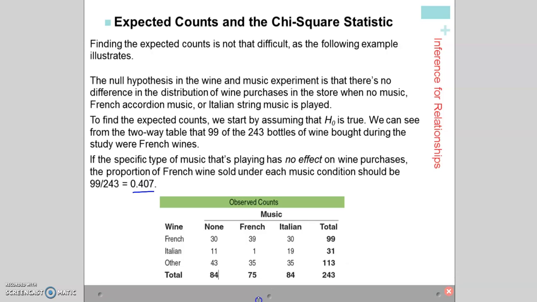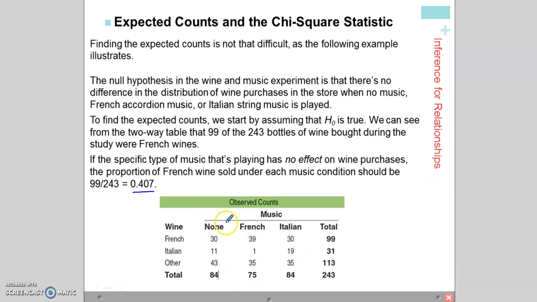So what I do then is say, okay, when there was no music, I sold this much wine. My expected count would be that percent of this total, the percent of French wine that I sold. So it's 99 out of 243, the percent of French wine I'm going to sell of this total.